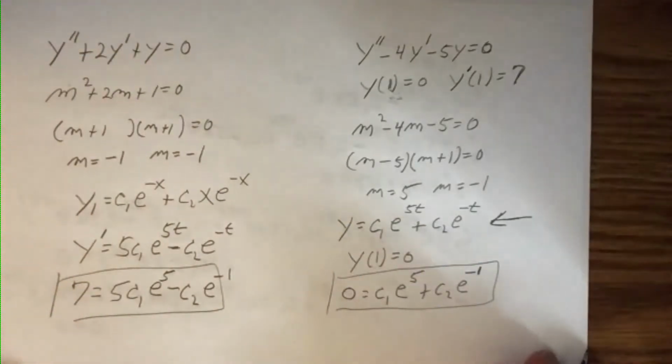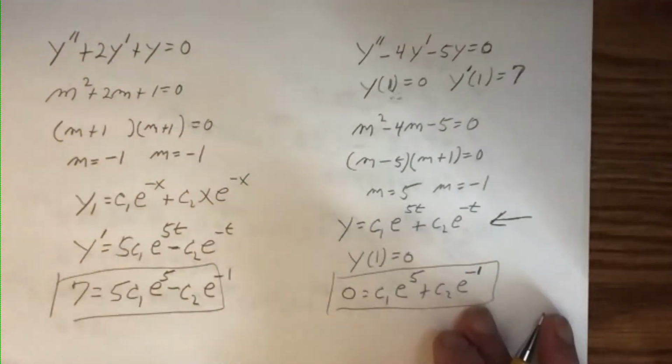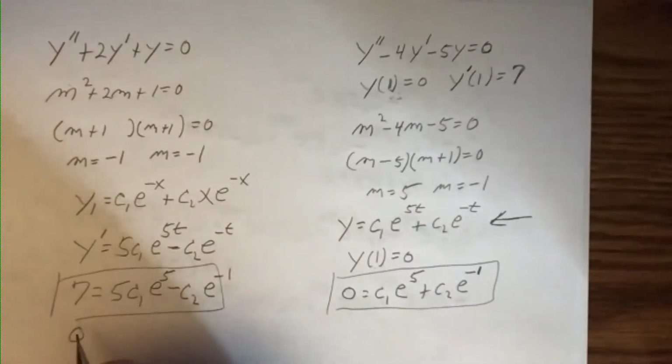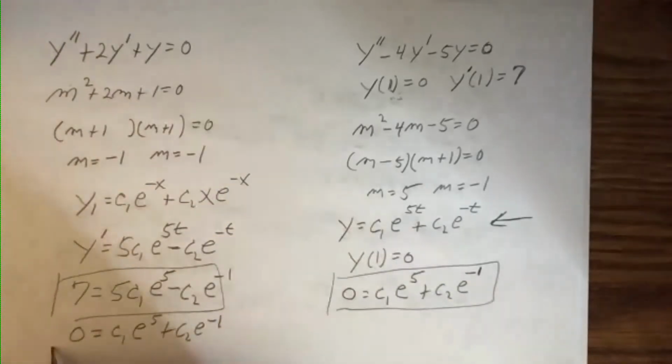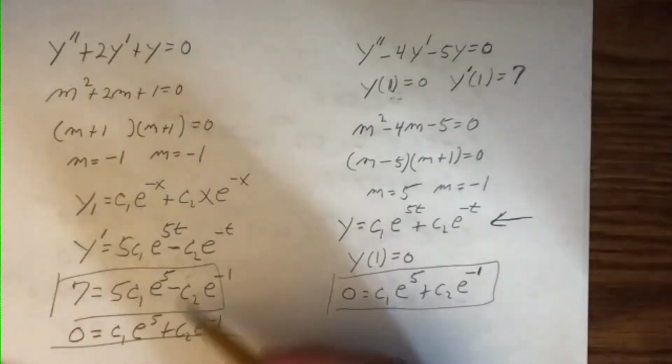All right, so now we've got two equations with two unknowns. I think the best way to do this is to add these two equations. When I add these two equations, this cancels.